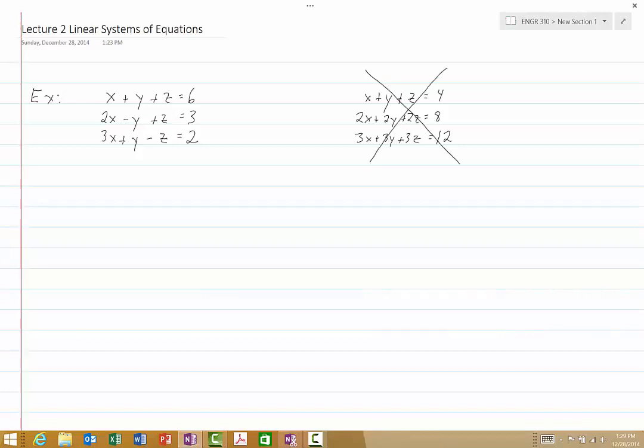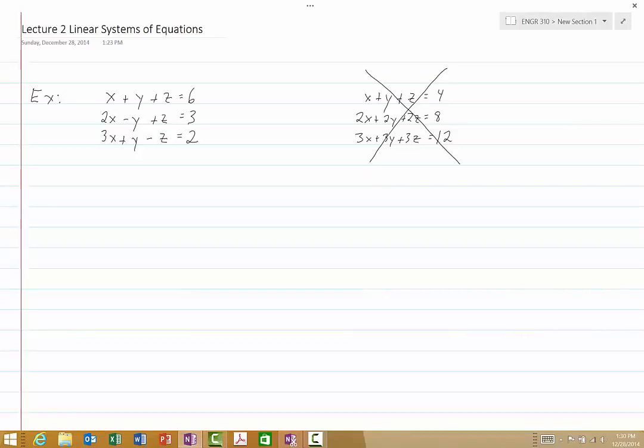So that's just to emphasize that just because the number of equations is equal to the number of unknowns, that doesn't absolutely guarantee that you can solve it, but at least it gives you some hope. If the number of equations is less than the number of unknowns, then you definitely cannot find a unique solution. But in this case, the number of equations equals the number of unknowns, and so we hope that we might be able to solve it.